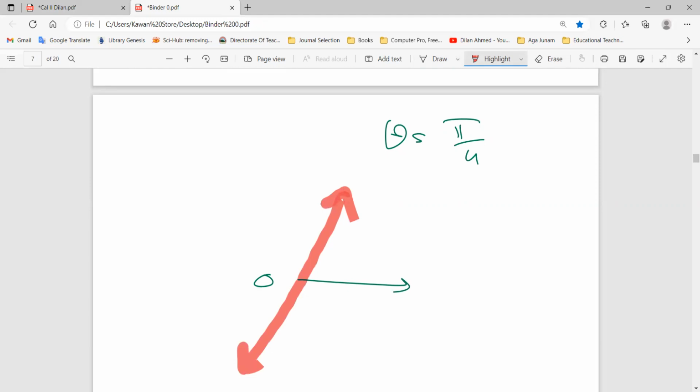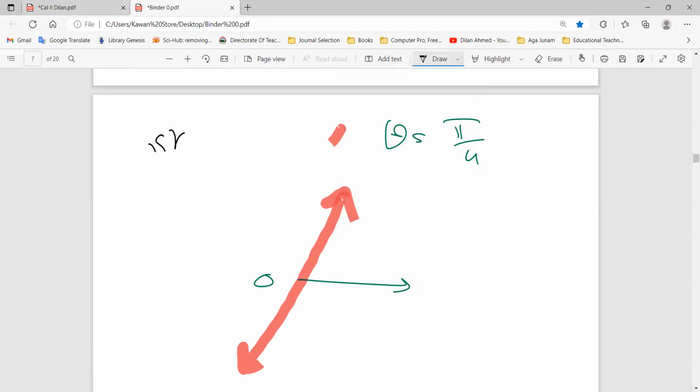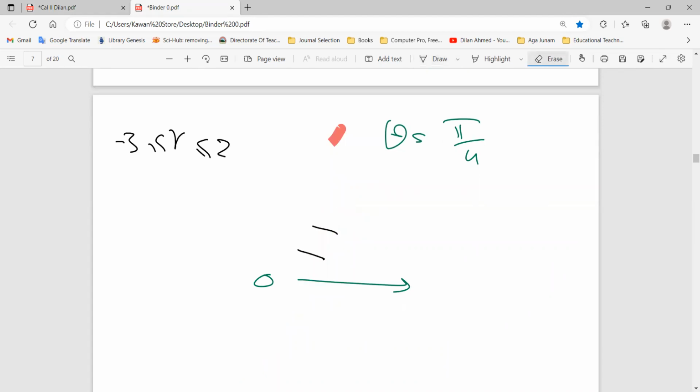Am I right? But now they restricted R between, I don't know, -3 and 2. So that one is 1, 2, and I'm going to erase it till here.